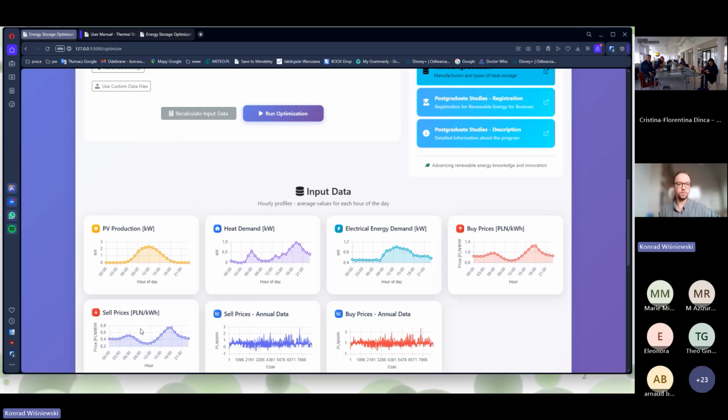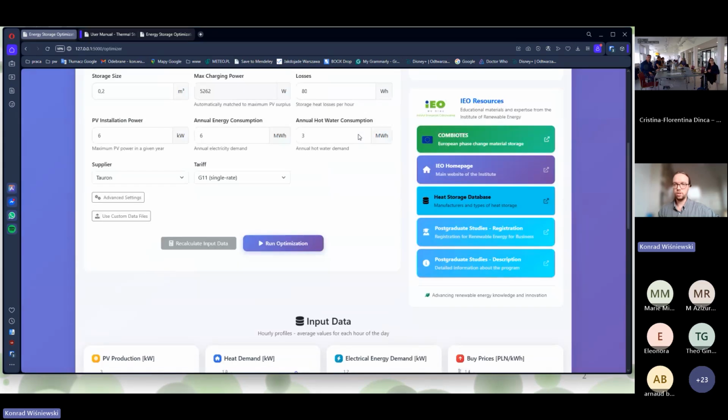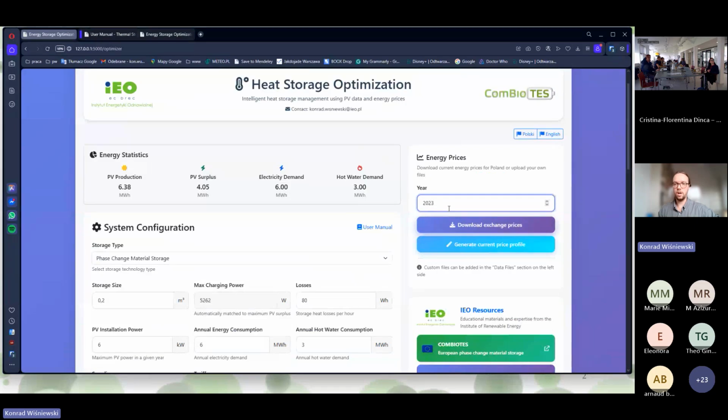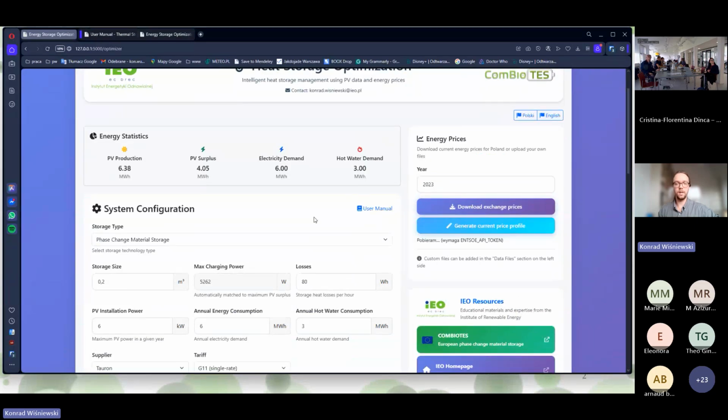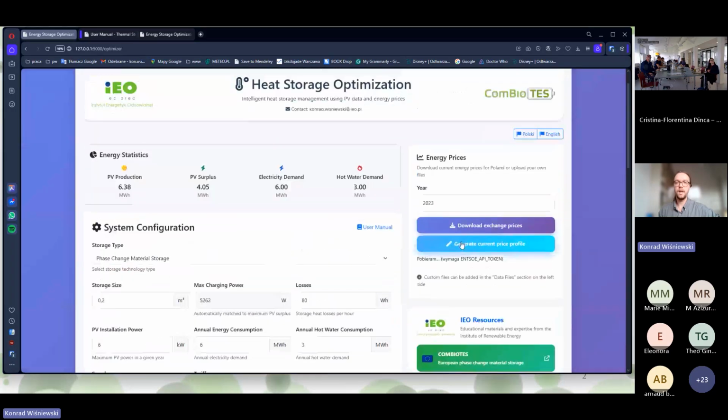There are two of them: one is the sell price at which we can sell energy to the grid, and the other is the price at which we buy energy, which contains the distribution cost, so it will be more expensive. In this tool, you can check each year and see that the prices are changing, or you can generate the most current price profile.